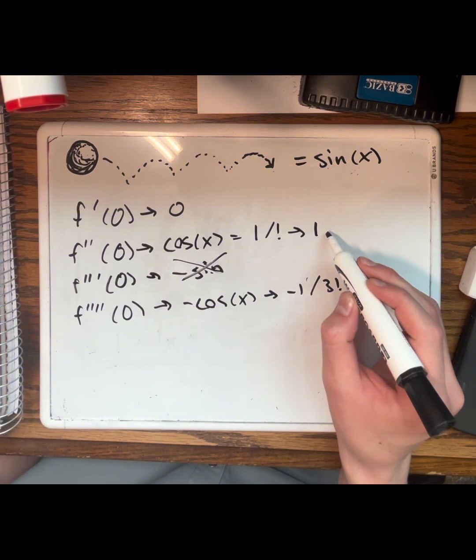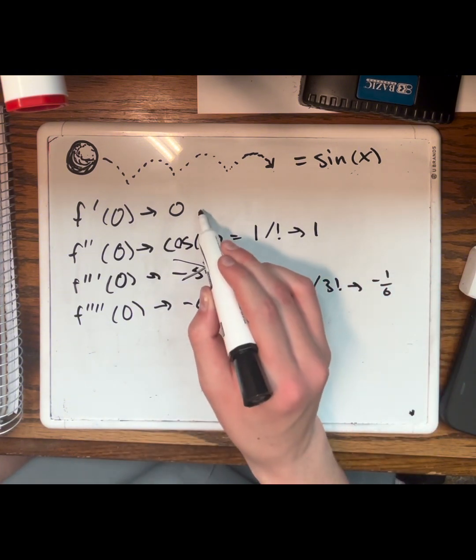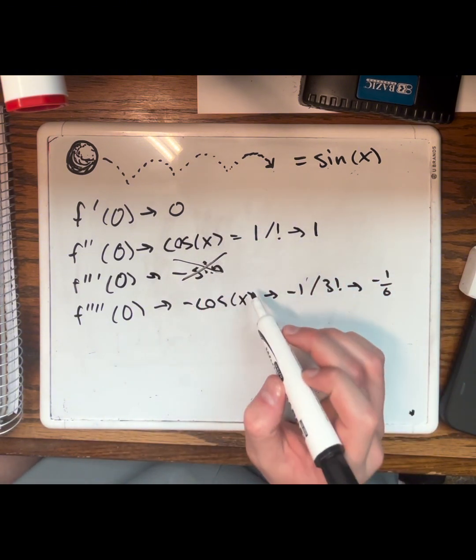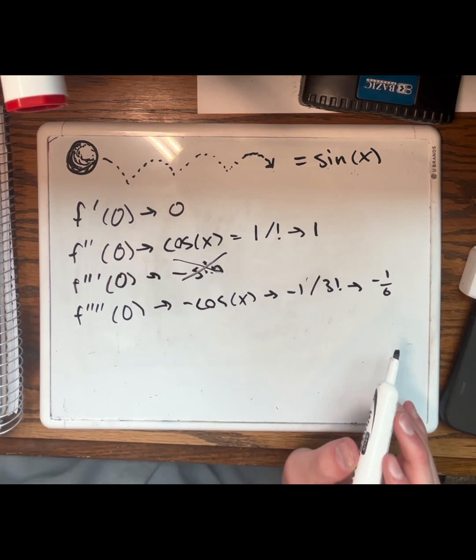Anyways, I did this for a while on another piece of paper, and the equation I eventually got was, here's the first term, and remember, it's going to go back and forth between sine and cosine, so the signs are going to cancel out.